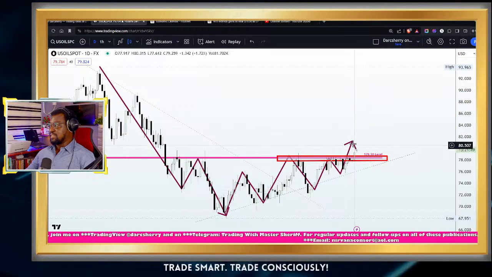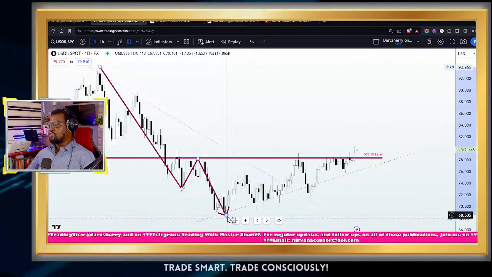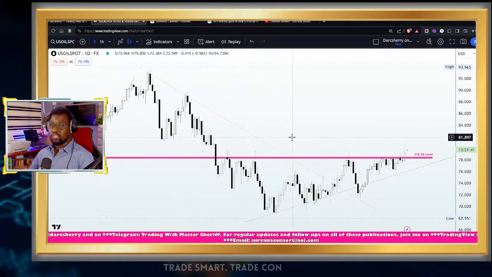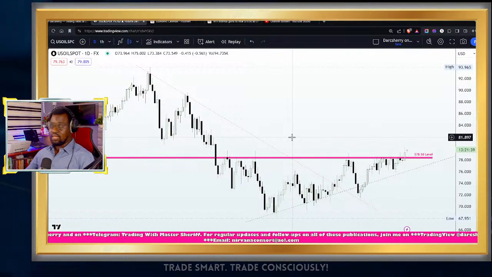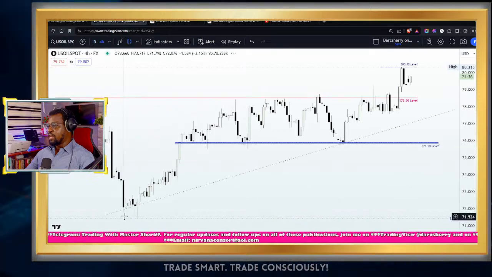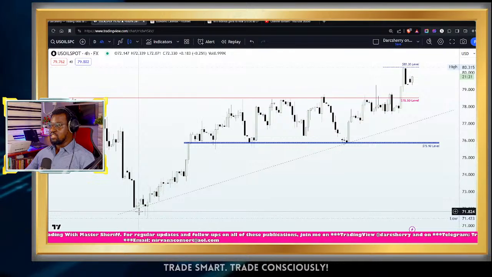So you can see how crucial this juncture is for us. As a result, the next thing we want to be thinking of is how we position ourselves for the next move. To do that, I have a setup on the 4 hours time frame, which we will be using to guide our decision.